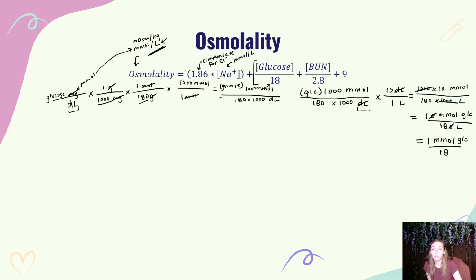So then all that we have to do math-wise in the formula at that point, this is our conversion factor. This is how you would convert that amount of glucose over into whatever format you need it to be in for your overall formula. At that point, you could just plug and chug.